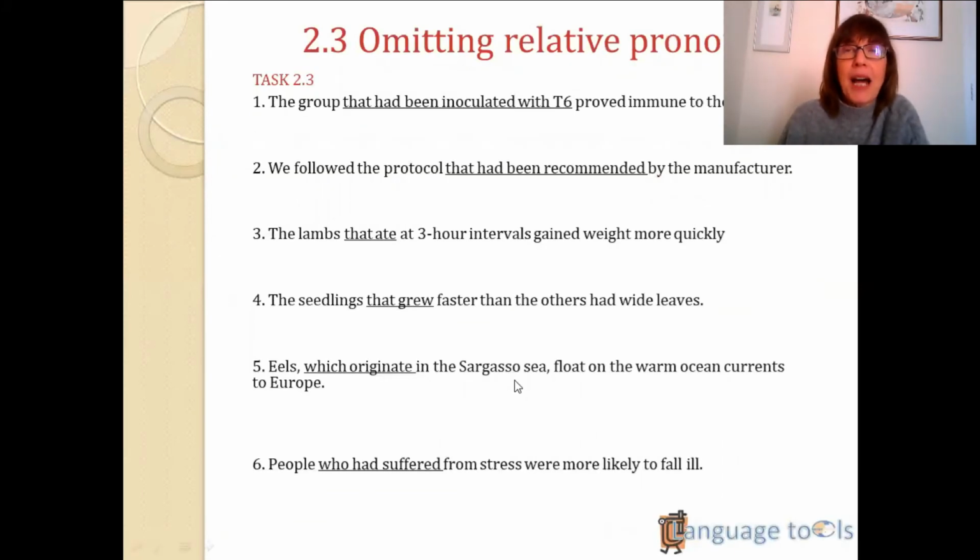So here we have a task, 2.3, and I would like you, as before, please to pause the video and to check, is this active, is this passive, how can I reduce this to make a shorter sentence? So pause the video, please, carry out the task, and then we'll have a look at it together.